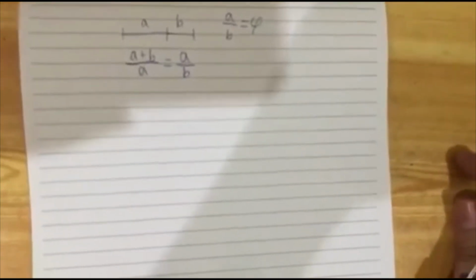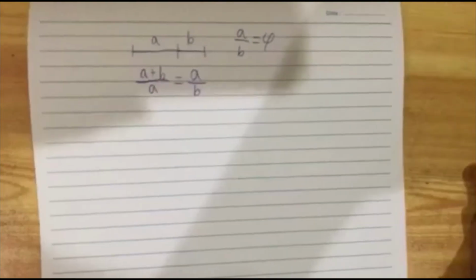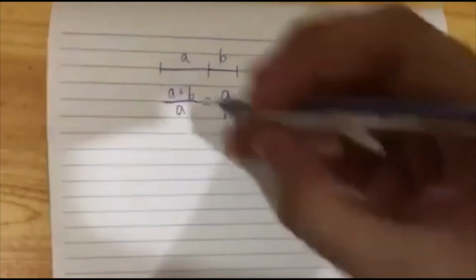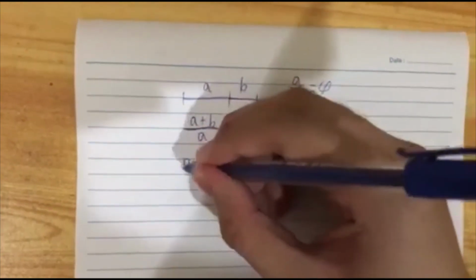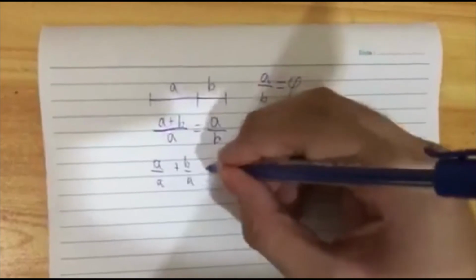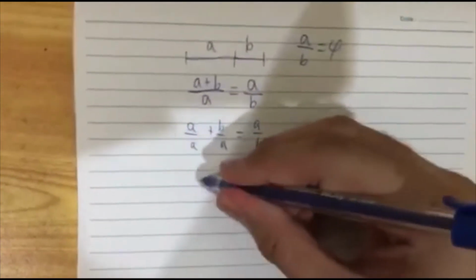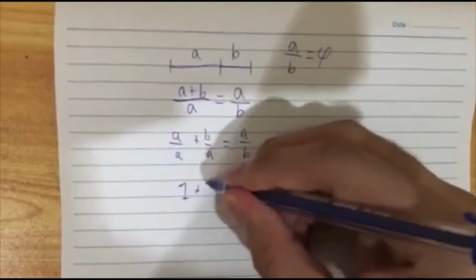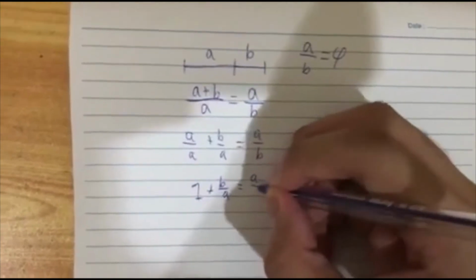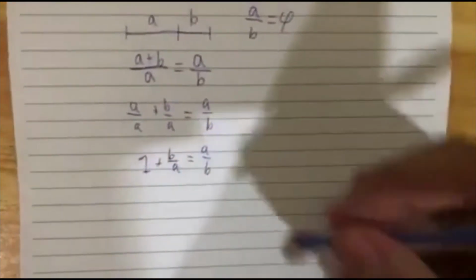Now, given that phi can be defined as a over b, where a and b are two line segments such that a plus b over a equals a over b, we can rewrite this equation as, which simplifies to, now substituting in the value of phi.